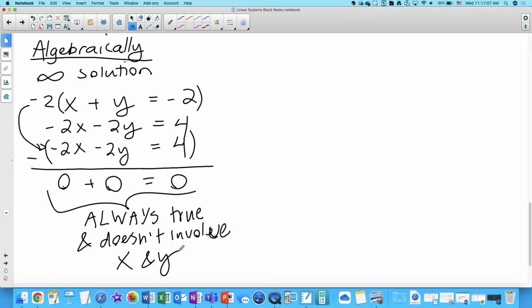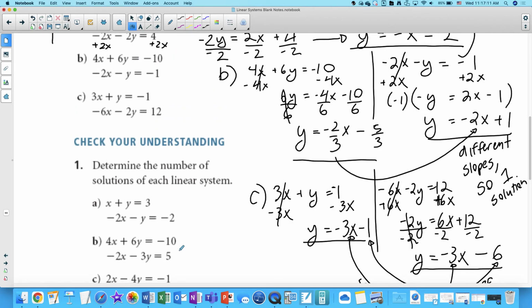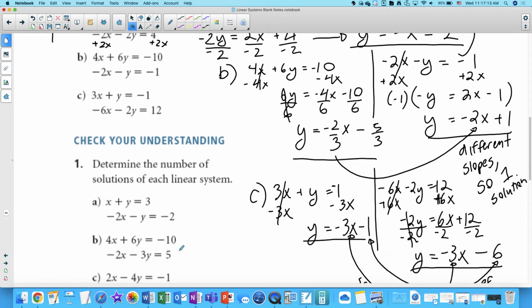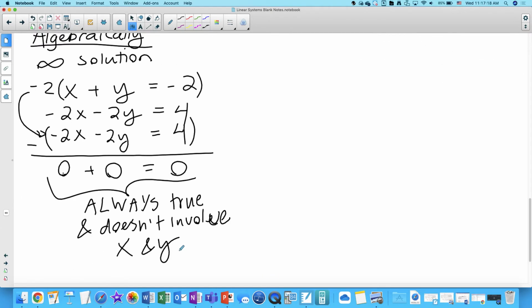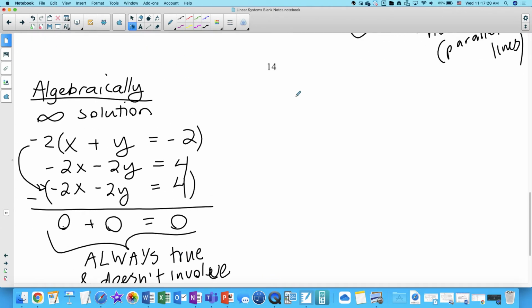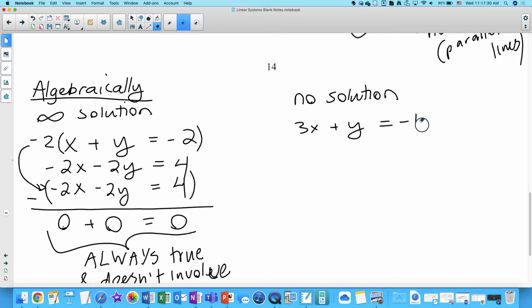Okay? Now, if we do this with the situation where we have no solution, that was 3x plus y equals -1. And then the other one was -6x, what was this one?